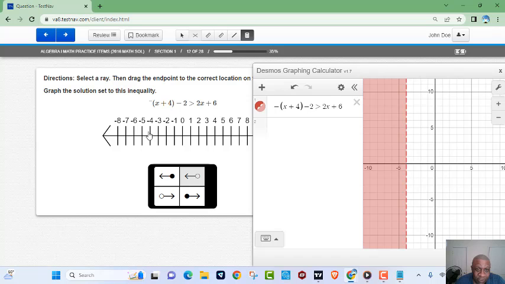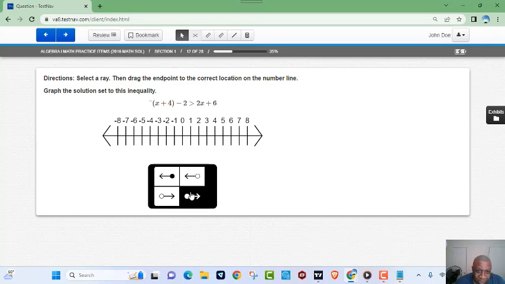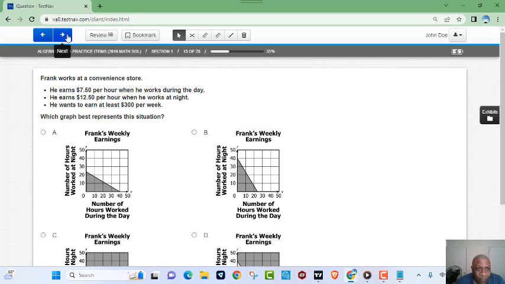I was supposed to drag it onto -4, but it doesn't seem to want to budge here. Well, anyway, you're supposed to take it and drag it to -4, because x is less than -4. All right, let's move on to the next one here.